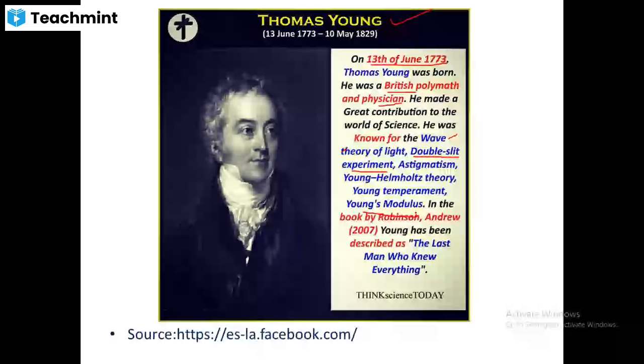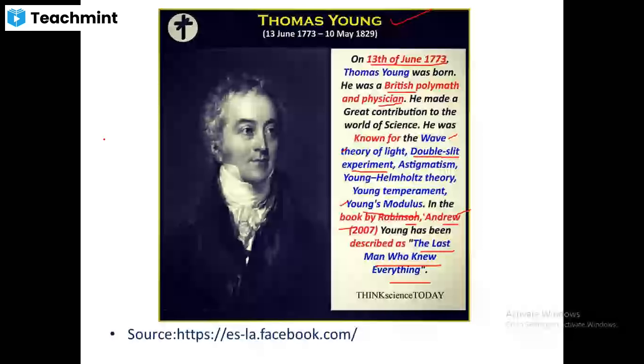He was so popular and such a pioneer in his work. The scientists Robinson and Andrew described Thomas Young in their famous book, published in the year 2007, as the last man who knew everything. So all the credit for interference goes to Thomas Young.